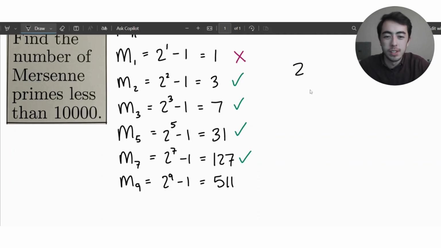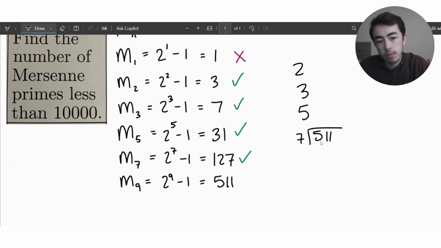2 doesn't work because it's odd. 3 doesn't work because the digits sum to 7. 5 doesn't work. Let's try long division with a 7. Let's see, 7 times 7 is 49. Ooh, nice. And then 7 goes into 21 evenly. That's 3 times.